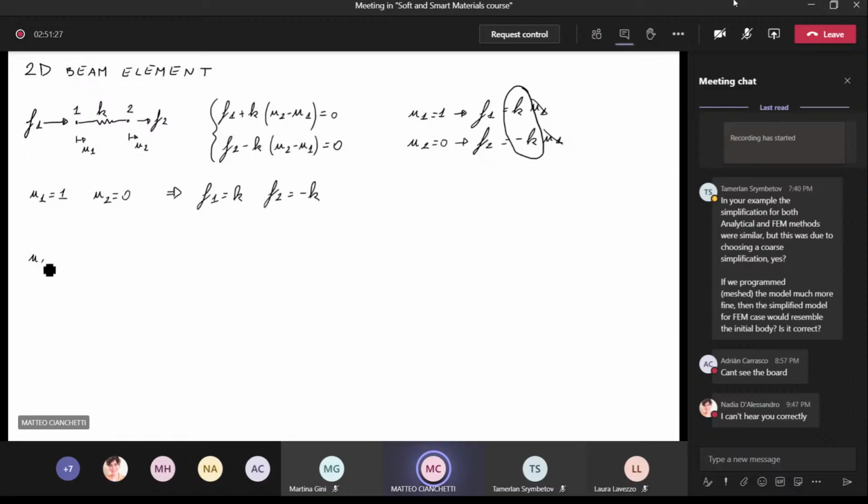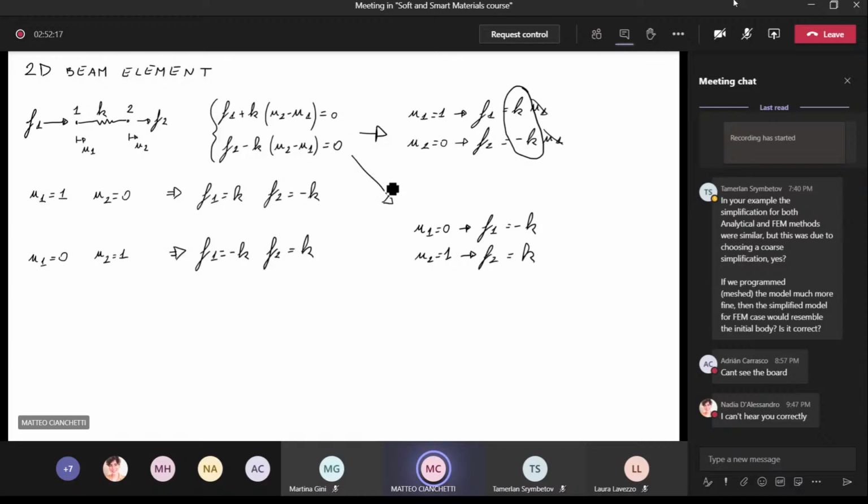If we set U1 equal to 0 and U2 equal to 1, we have that F1 is equal to minus K, and F2 is equal to K. This comes from the fact that U1 equal to 0 means that F1 is equal to minus K from here, and U2 equal to 1 means that F2 is equal to K. These are the two applications of the two cases, okay?